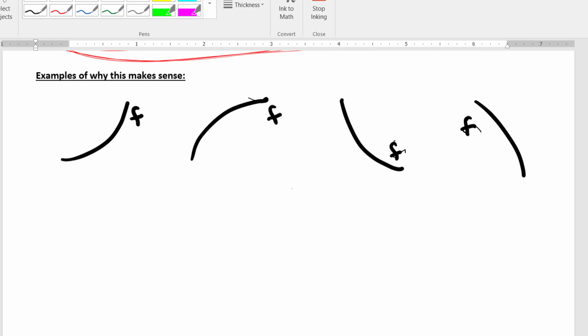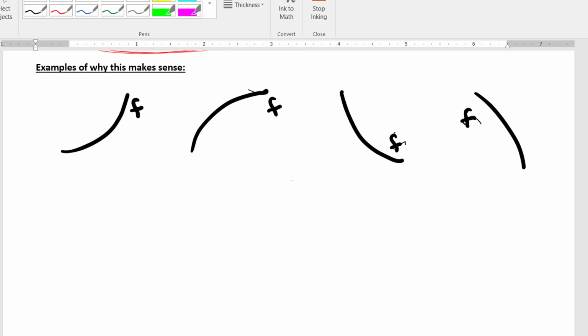So here in this example, I have 4 little sketches. I have here f increasing, and also we see f is concave up. What we're going to do is go through and sort out what we know about f prime and what we know about f double prime.